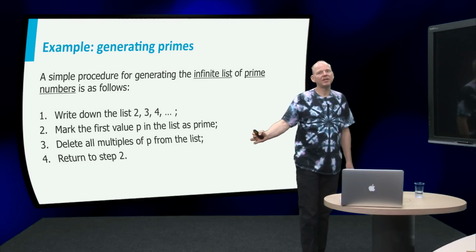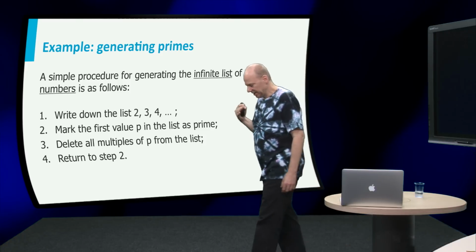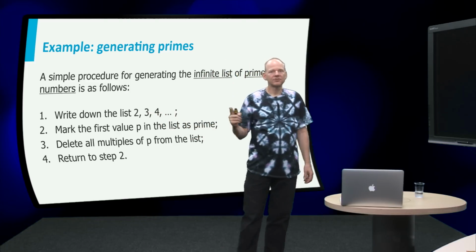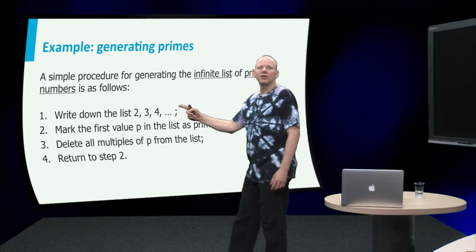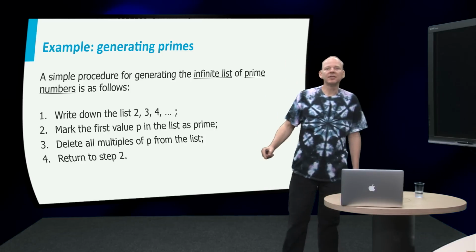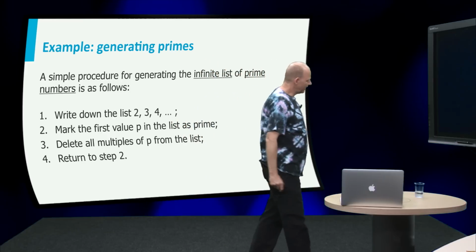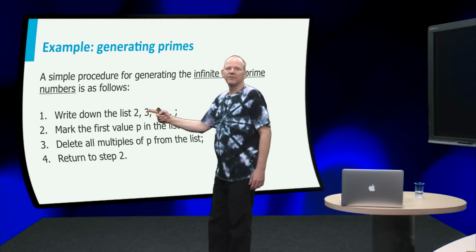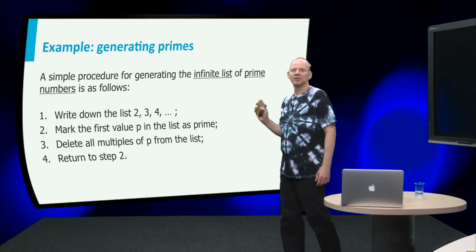So here's a recipe to generate an infinite list of primes in a very nice way. We start with the list of all natural numbers starting at 2. And then we look in this list and we mark the first value in that list as a prime. So the first prime here is 2. The next thing we do is we say, okay, if we know that this thing is a prime, then all multiples of that number are not primes, right?